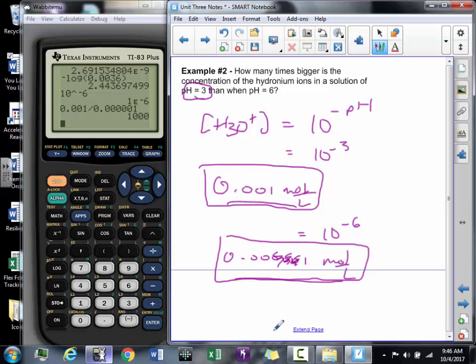Who feels confused? All right, let me give you a quick summary here. I don't mean for this to be super confusing, because really, all you need, I promise you, is practice. There are literally like two things you need to be able to do. If I give you a pH, 10 to the minus pH gives you a concentration. If I give you a concentration, negative log the concentration, it gives you the pH.